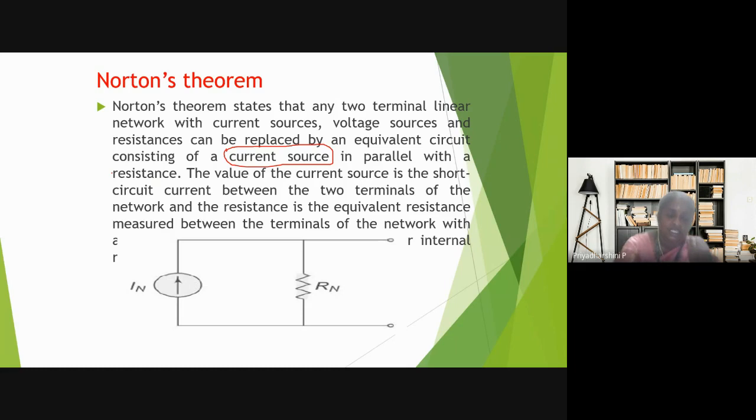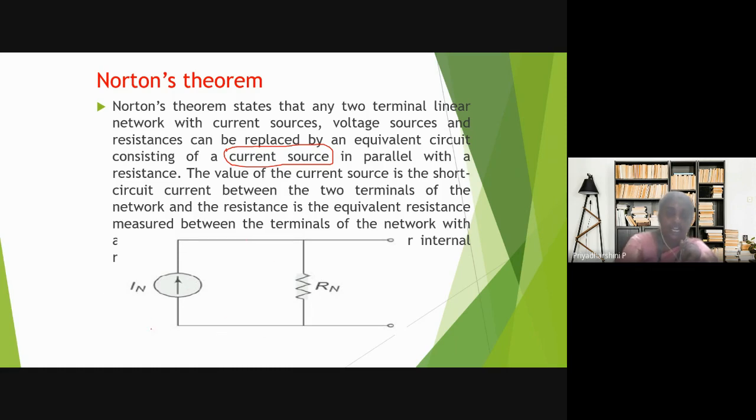So what is the difference between Thevenin's theorem and Norton's theorem? In Thevenin's theorem, we replace the network by an equivalent voltage source, and the resistance is in series. Here we replace it by an equivalent current source, and the resistance should be in parallel. How do we find this current value?